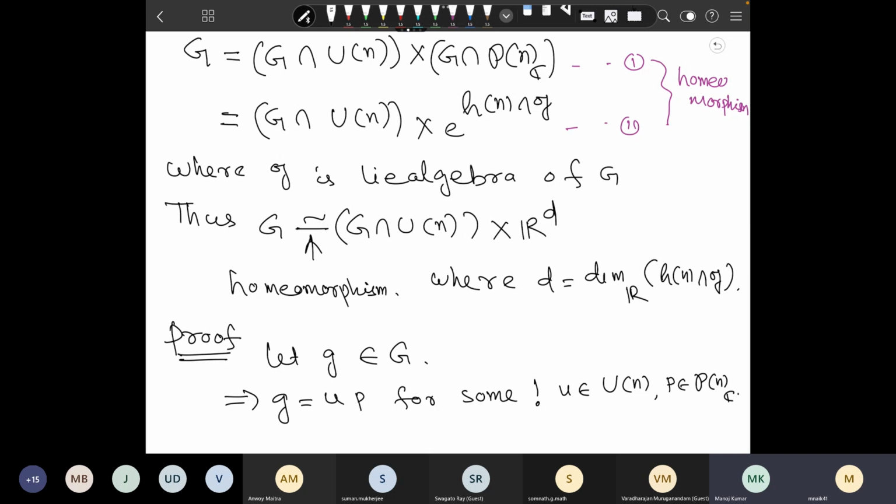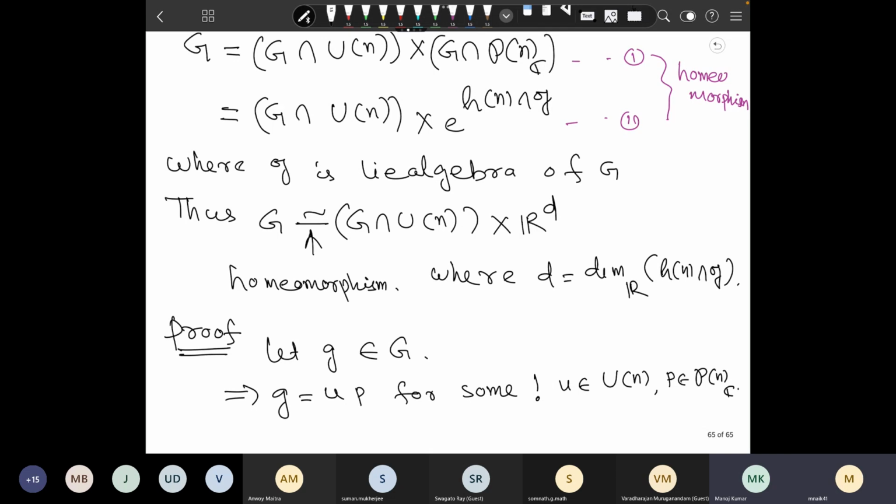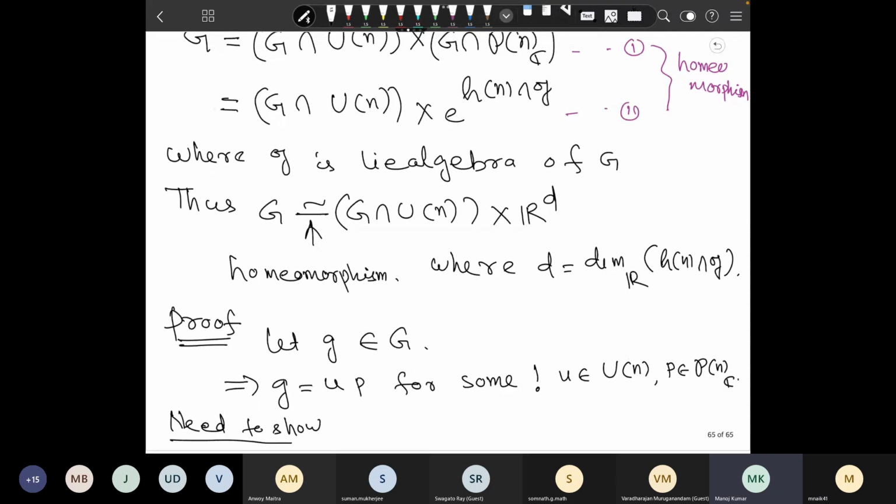Now, to prove the first part, I need to show that U belongs to G and P belongs to G. If I can show this, then this will prove 1.